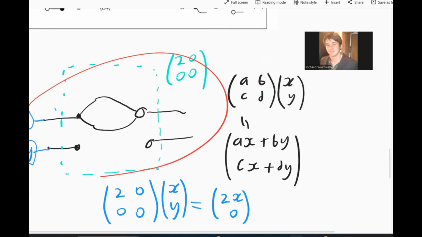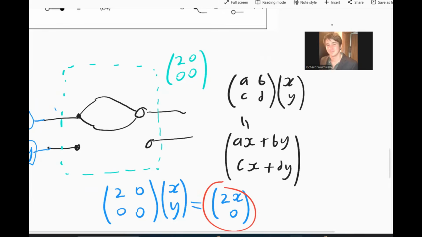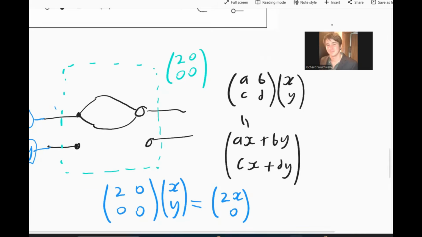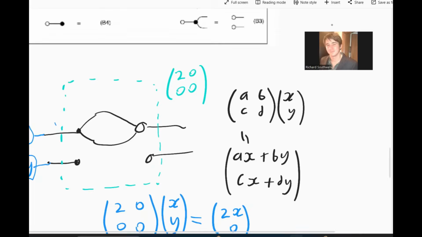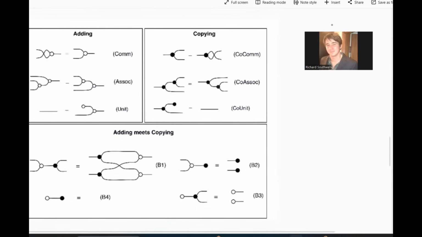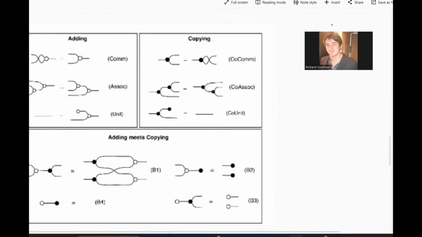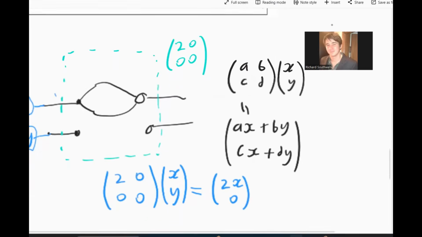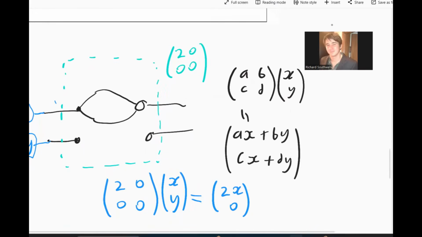And that's how we see it in this picture. We read it from left to right. We start with the vector, apply the matrix. If we think about the whole composition, that equals this output here. And you could get that as a result by applying these structural rewrite rules or equations to this kind of situation. And we're going to look at how that works later.